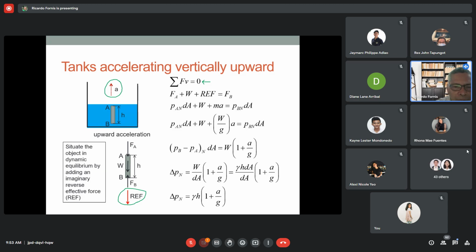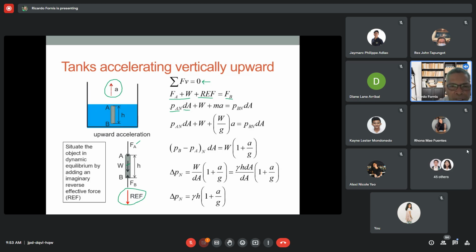The forces involved going down, PA and W, and the reverse effective force also going down. Force up, FB. So how do we calculate FA? FA is now the pressure at A times the differential area.